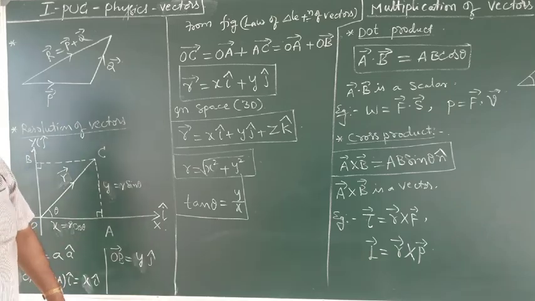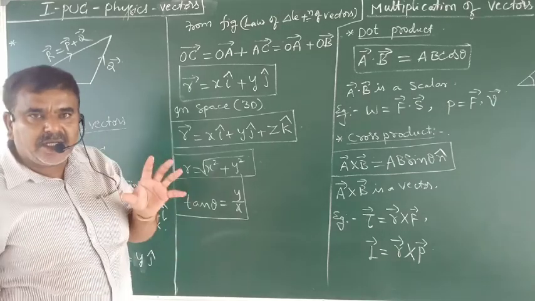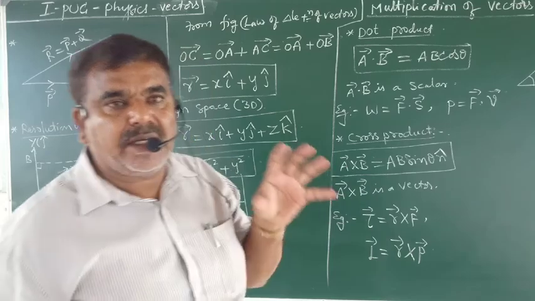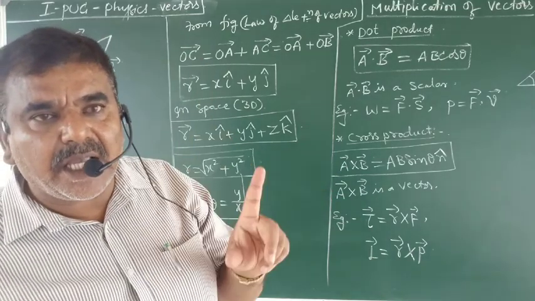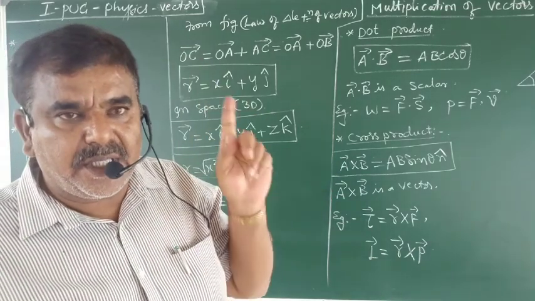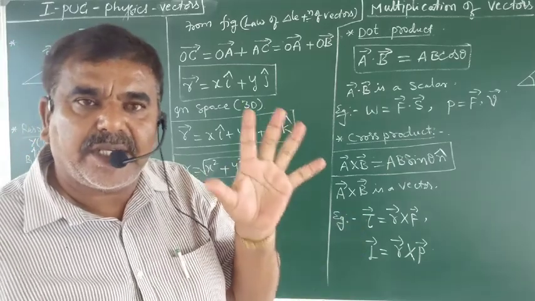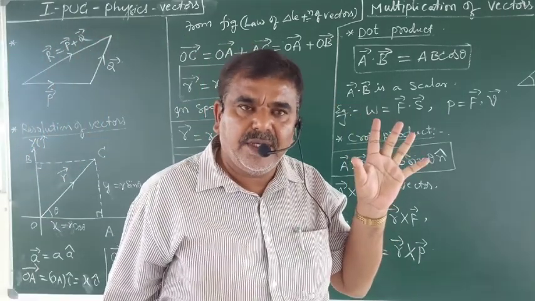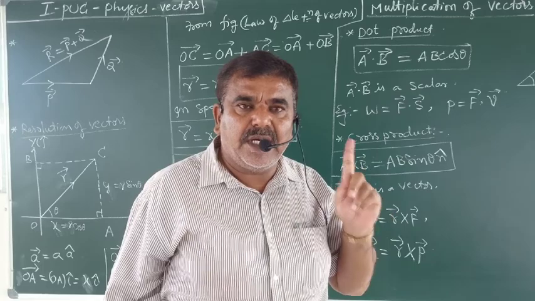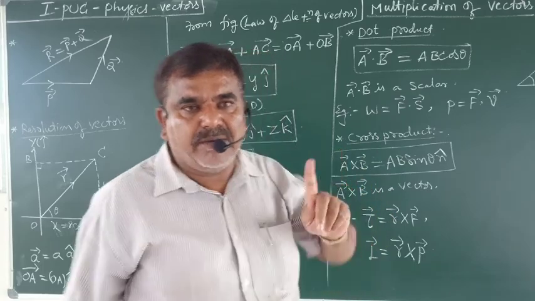Resultant means net effect. A single vector which produces the same effect as that of a set of vectors is called the resultant vector.